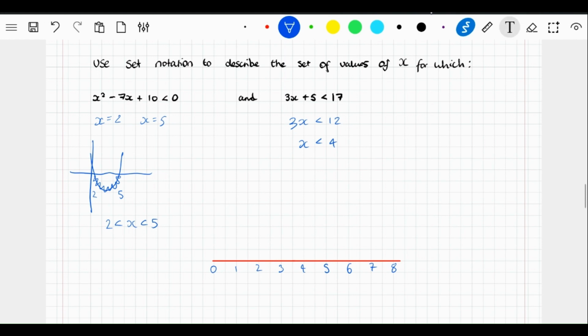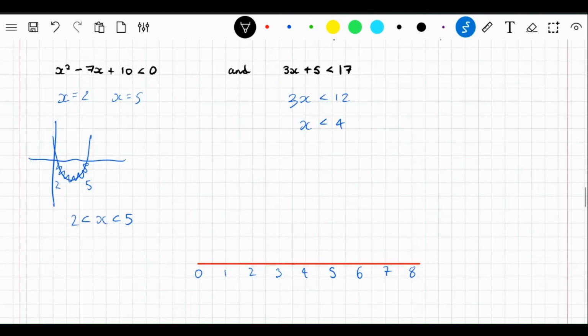We'll do this one first, which is x between 2 and 5, and it's going to be in this range here. And then we also know that x is less than 4, so it's going to be from that down to there. And we want to look at this intersection bit where they overlap here.